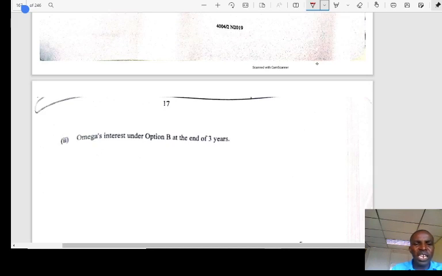Calculate Omega's interest under option B at the end of 3 years. Compound interest, use the formula: amount is equal to principal times 1 plus interest rate over 100 to the power t, where t is the time and r is the interest rate. P is the principal, that is the amount invested or amount borrowed.